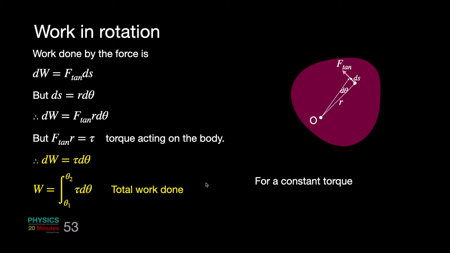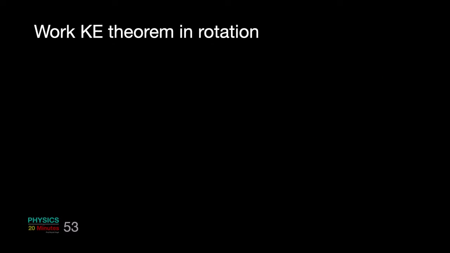If the torque is constant, then it will come out of the integration sign, and the integral of d theta will give you simply theta. When you apply the two limits, it will be theta 2 minus theta 1, which can just be written as delta theta. So if the torque is constant, then the work done is tau delta theta. So that was the work done in rotation.